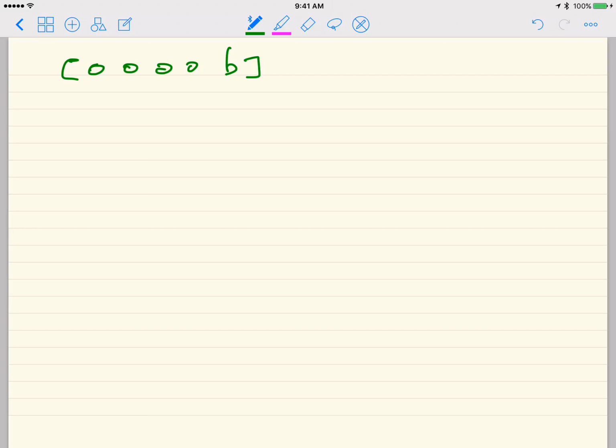Okay, and then the next case is this. This is our coefficient matrix.